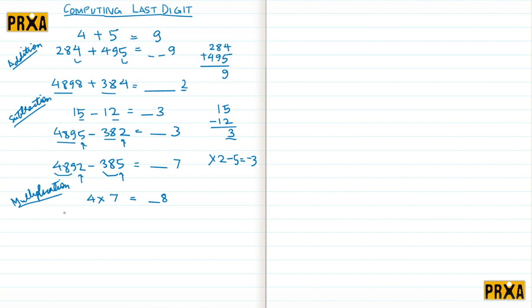However, if I were to have a bigger number, let's say 4894 times 387, and I were to do it in the traditional way, I would have 4894 times 387. Just pay attention to how this works. 7 times 4 is 28, and then I carry 2. Then 7 times 9 is 63 and 2 makes 65, carry 6, and so on.